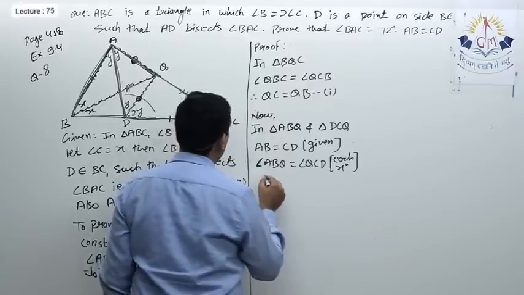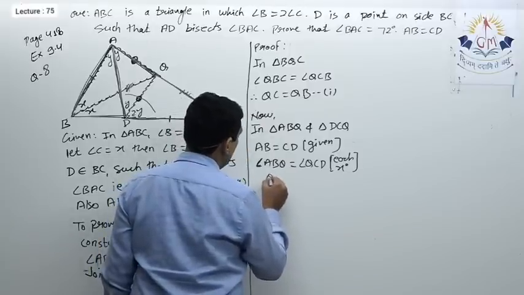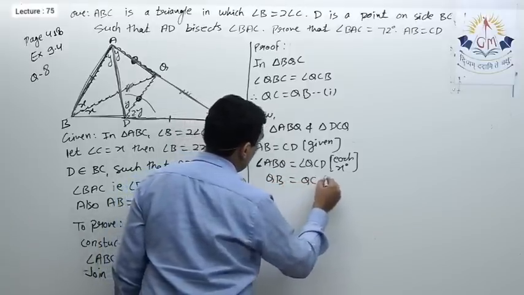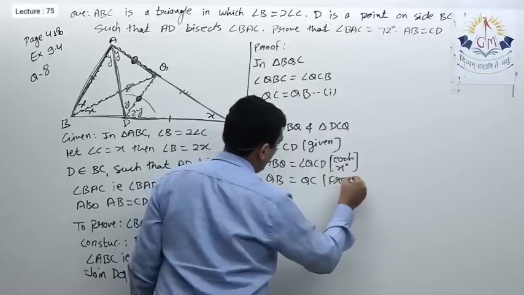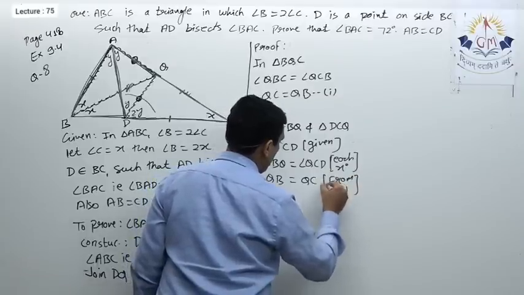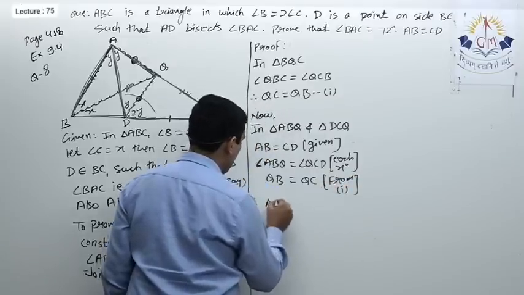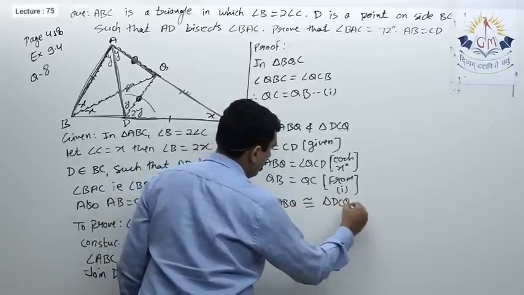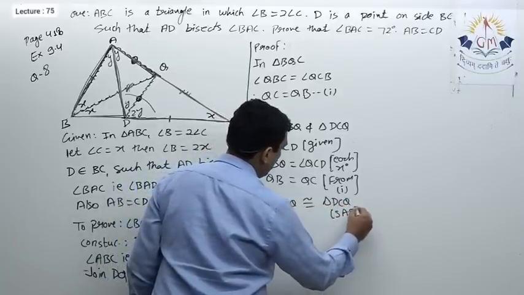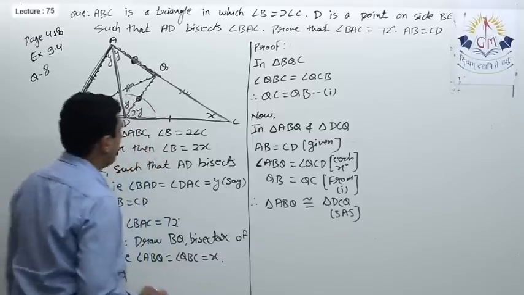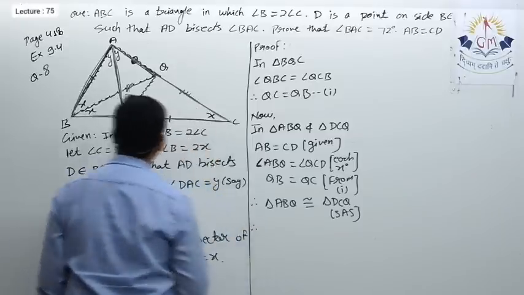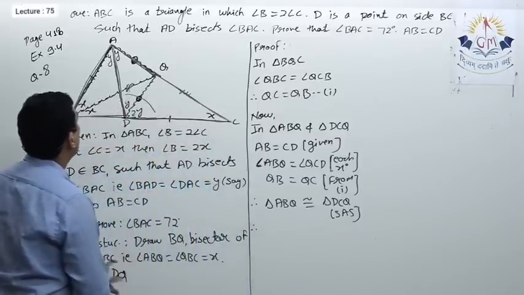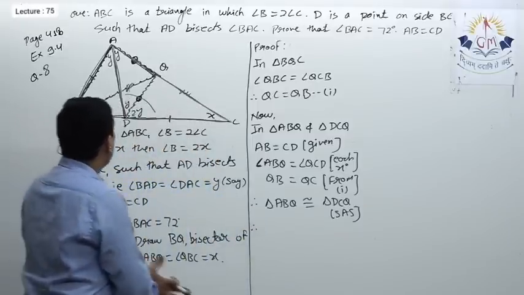Also we have QB is equal to QC from first. So I can say therefore triangle ABQ is congruent to triangle DCQ by side angle side. These two triangles become congruent by side angle side. Therefore by CPCT I can write, first thing, AQ equal to DQ.